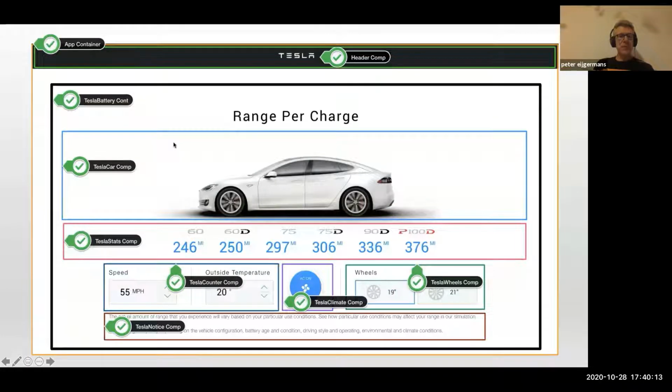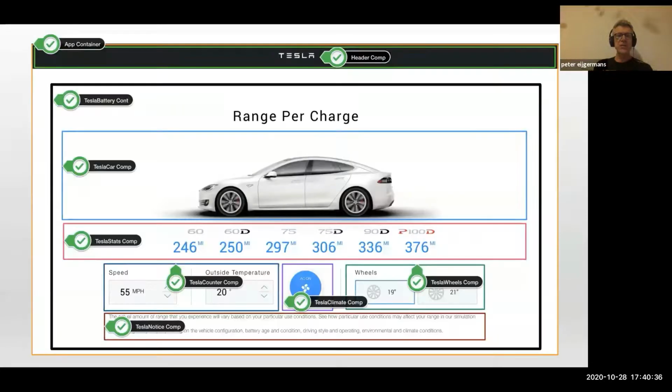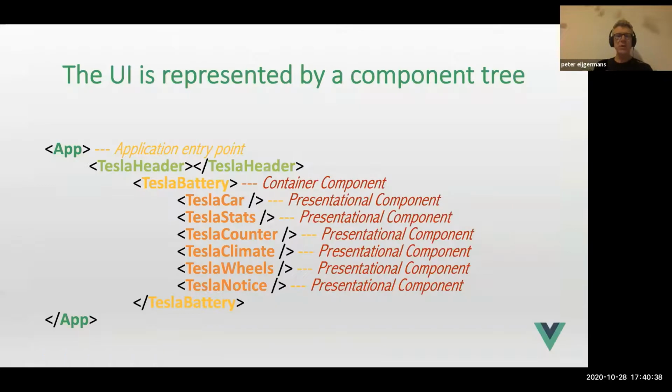The Tesla battery component upstairs is the component which does the heavy lifting. It contains all the logic and all the state of your application. You can also recognize all those components in your UI.